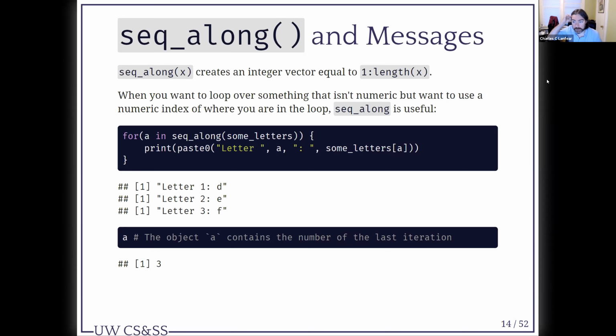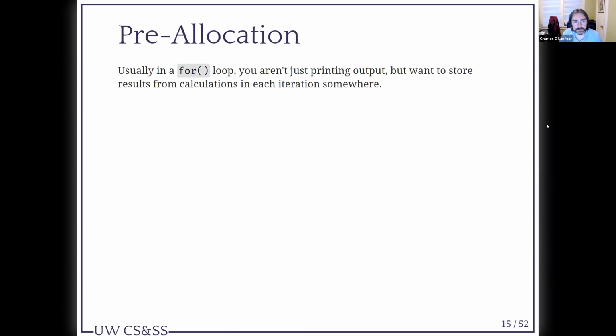Okay. Next one. Usually when you run a for loop or any kind of loop in R, you don't just want to print the output to the console like I've been doing. Instead, you want to run some kind of calculation, and then for each iteration, store the result somewhere. You want to keep the results.